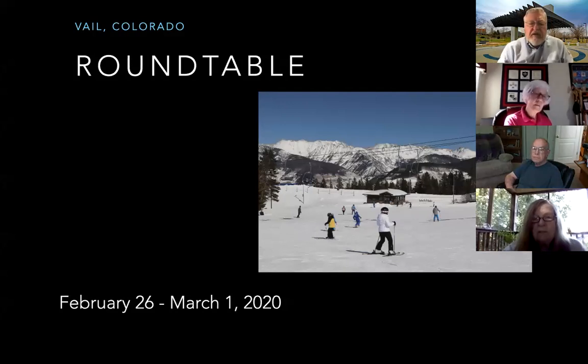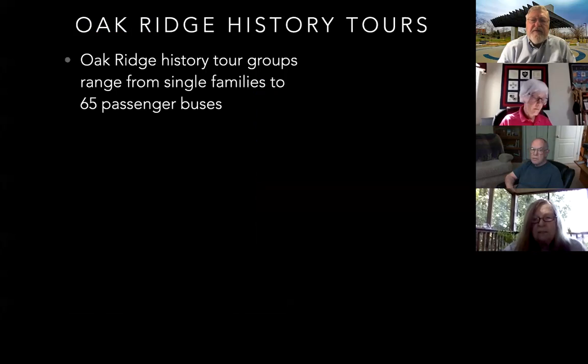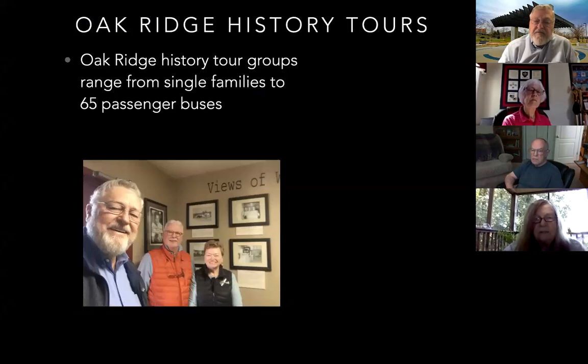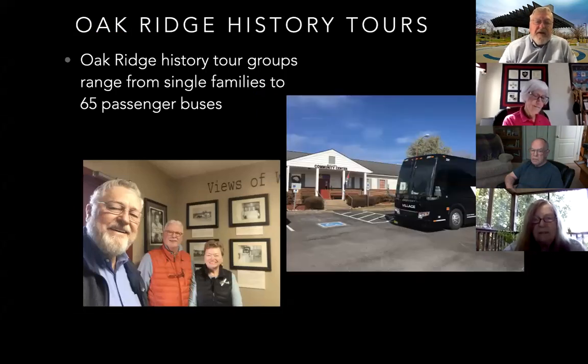So the roundtable that I want to share with you happened in Vail, Colorado back in February. And it started out as history, a tour of Oak Ridge. I give tours to single families, to 65 passenger buses, and I gave several tours up until the pandemic hit.